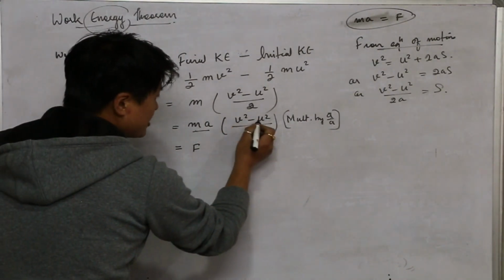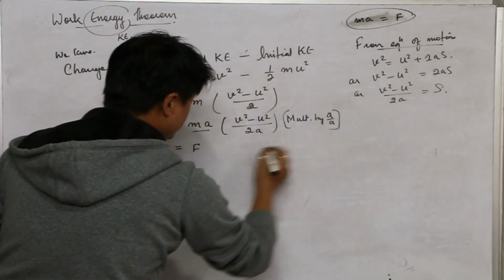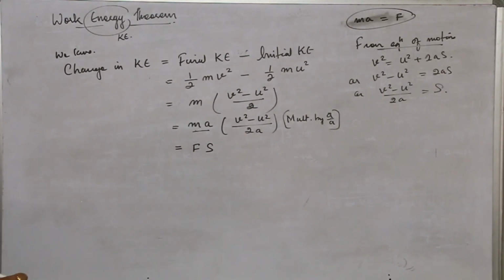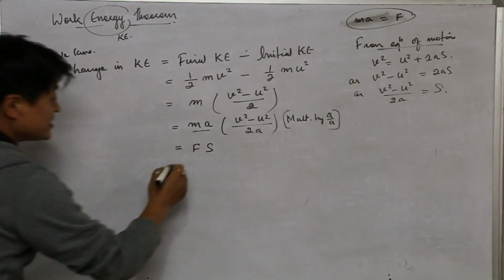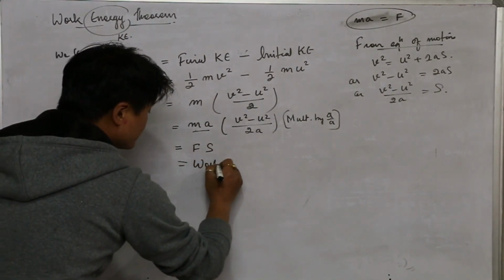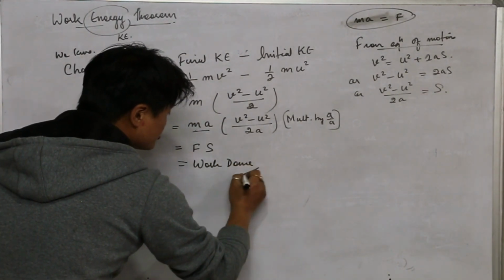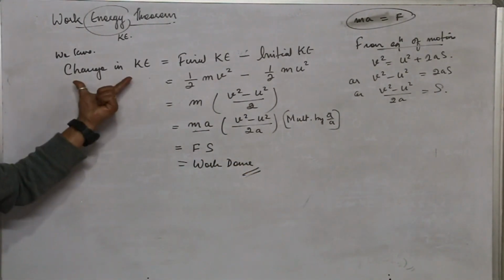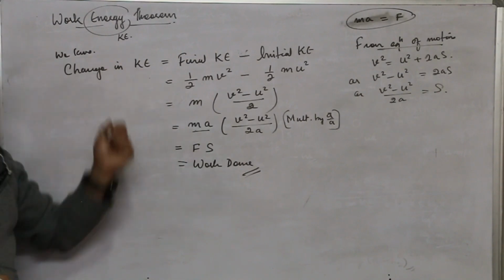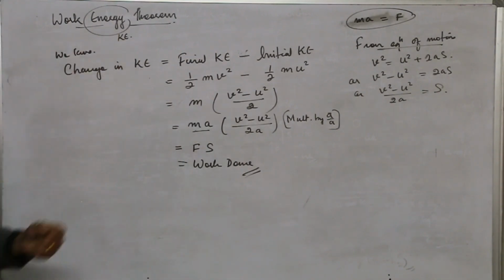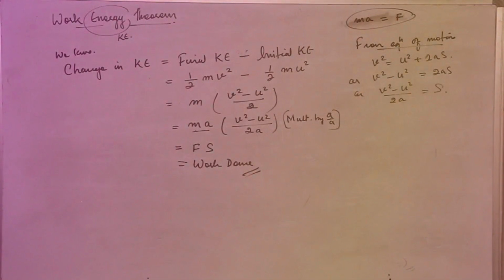Okay, so v square minus u square divided by 2a is your s. And we know that force into displacement is your work done. So we have proved this. Work done is nothing but a change in kinetic energy. And this is your work energy theorem. Okay.